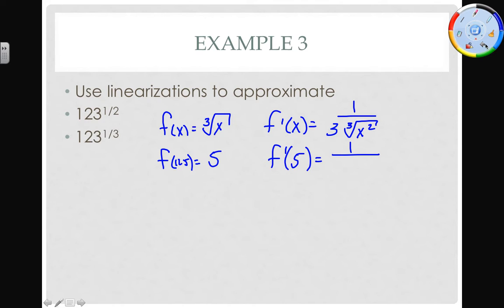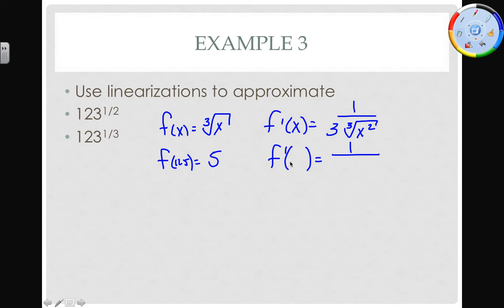Oops, not 5. What am I doing? 125, silly. All right, looking at 125.